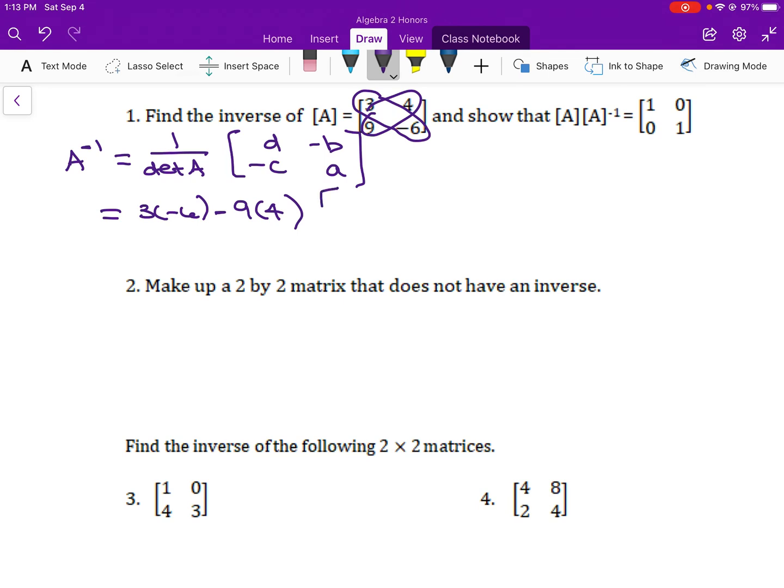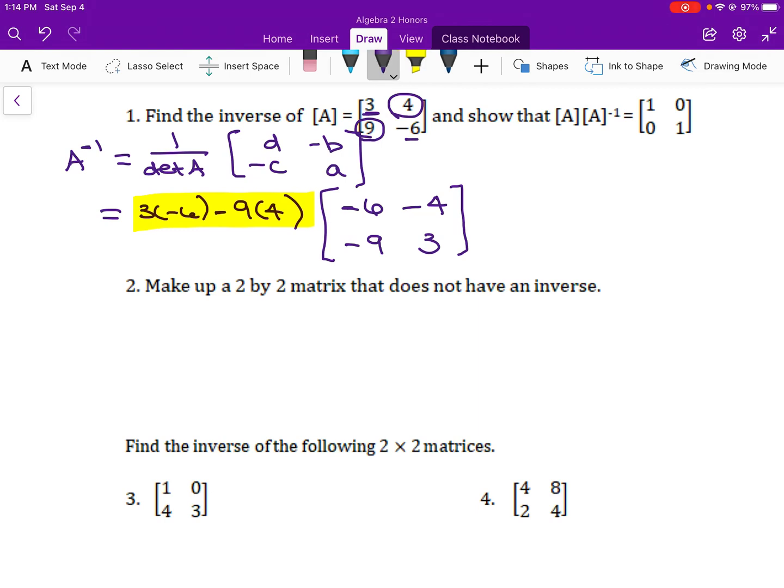And whatever that evaluates to, I'm multiplying by the matrix where I'm interchanging my A and my D. So negative 6 up in this corner, 3 in this corner, and then I flip the signs of my other two values, C and B. So this becomes negative 9, negative 4. This whole determinant here would just simplify to negative 18 minus 36, which should be negative 54.